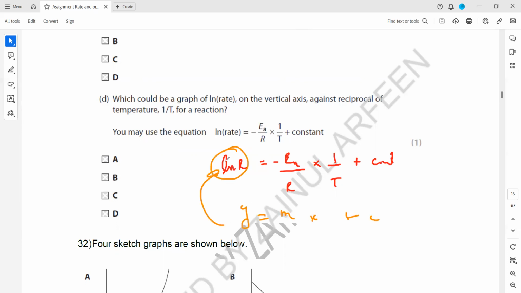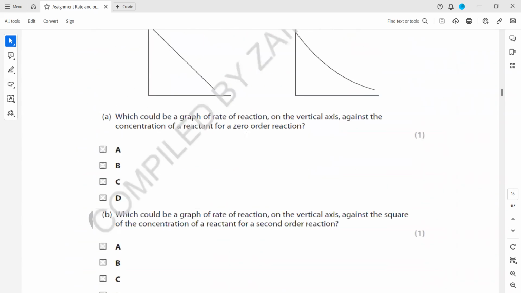So on the y-axis, if we have ln k, on the x-axis, if we have 1 over T, what will the gradient be? The gradient will be equal to minus Ea over R. Activation energy is constant, R is constant. So it must be a straight line, and it will have a negative gradient. Straight line and negative gradient.